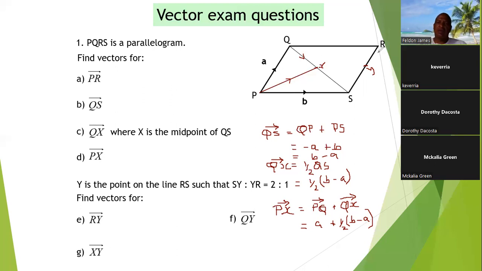So RY is coming this way. So which other way could we go to get to RY? So we could go this direction.